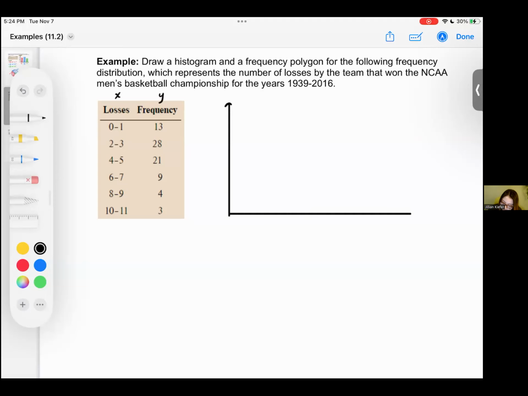In this case, we've got the frequency and the number of losses, so we want to make sure to label everything correctly. For us, the highest number is 28. A good number to pick is 30.